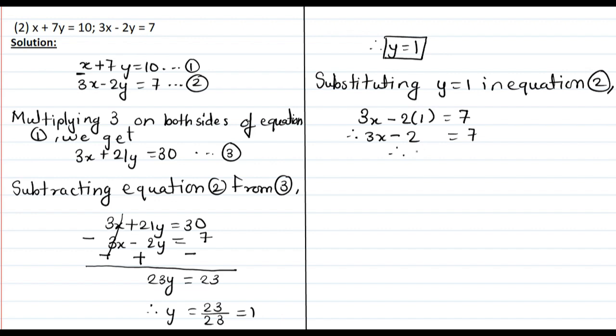Therefore, 3x, this minus 2 will get shifted to the other side and becomes positive: 7 plus 2, hence 3x equals 9. Now this 3 is multiplied, and it will get shifted to the other side and become a part of the denominator. 9 divided by 3, hence x equals 3.